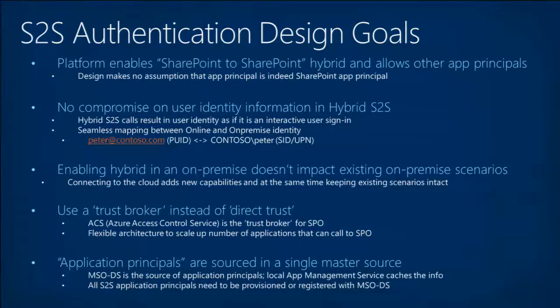When you create a tenancy in Office 365, ACS gets automatically provisioned for you. So when SharePoint Online, SharePoint on-premises, Exchange, Lync, or any third-party system like SAP needs to call one another, they all go to ACS first. They need to say who they are, so they give ACS their own app principal. They give it the app principal of who they're calling, and they get a security token back that enables that connection, assuming the right trust has been set up.